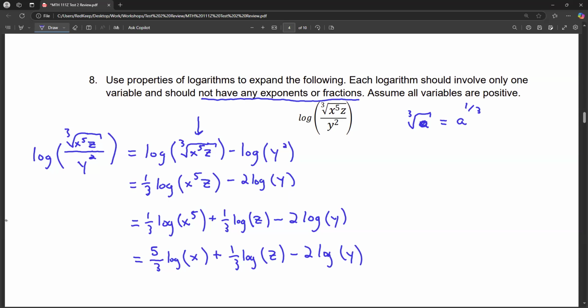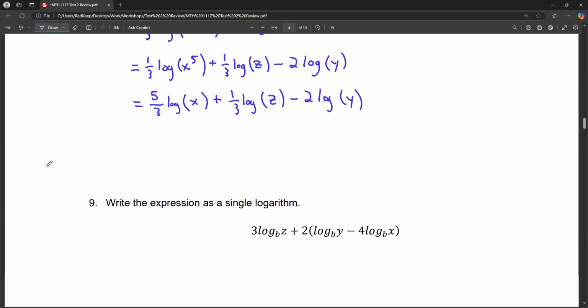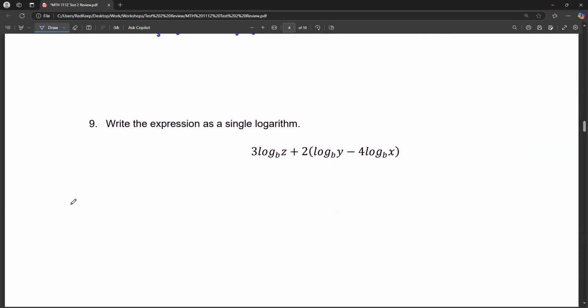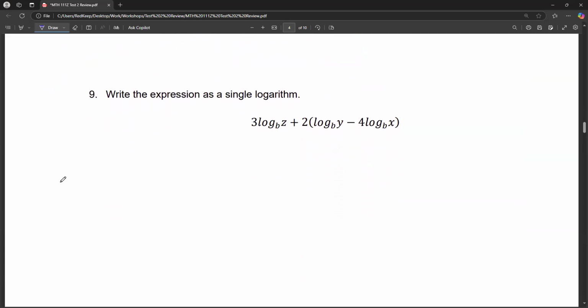Okay, let's move on now to question 9. All right. So it looks like it's almost like a reversal of what we just did in question 8, right? They're asking us to write the expression as a single logarithm. And we note all of the logarithms here are base b.